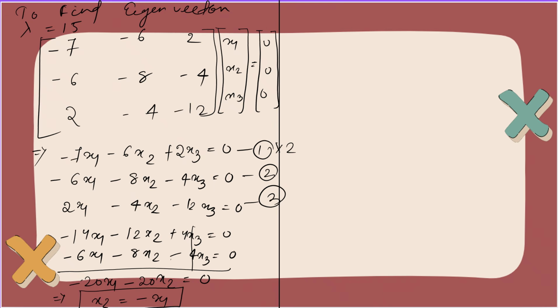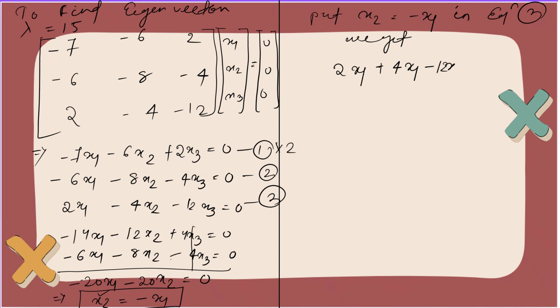Now use this x2 value in any equation, you get the x3 value. So put x2 equal to minus x1 in equation 3, we get 2x1 minus 4 into minus x1, that is plus 4x1, minus 12x3 is equal to 0.